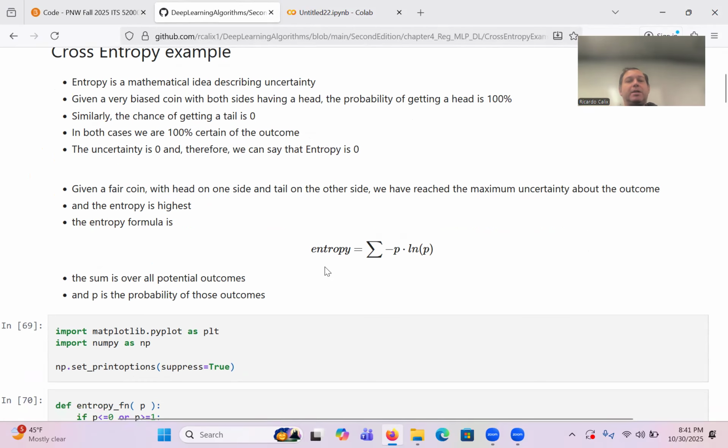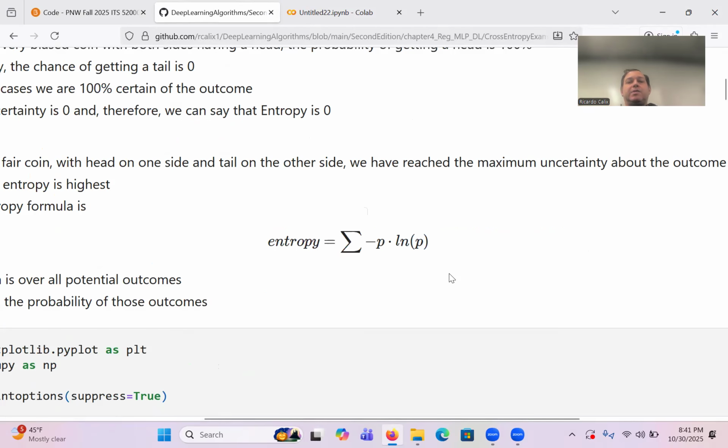Now the entropy formula is just this: a sum over the probabilities of all possible outcomes. For a coin flip, there are two outcomes. Notice that there's a negative term in all of these. So it's negative P of that outcome times the logarithm of P, plus negative P of the other outcome times the logarithm of the probability of that other outcome.